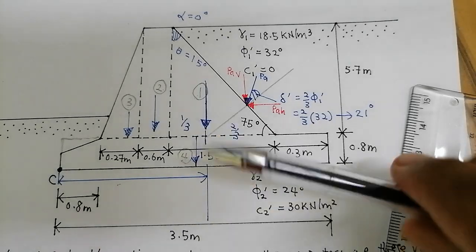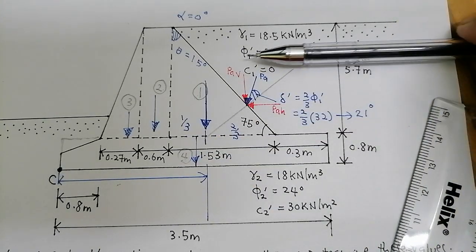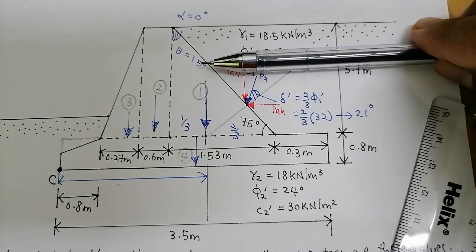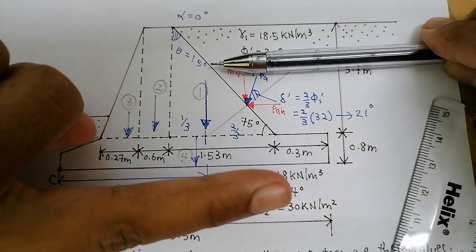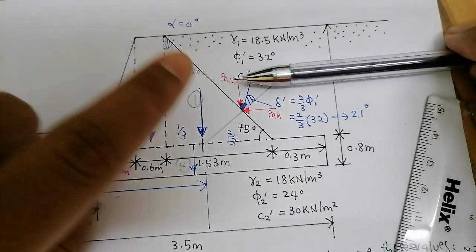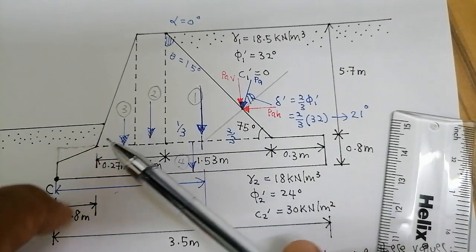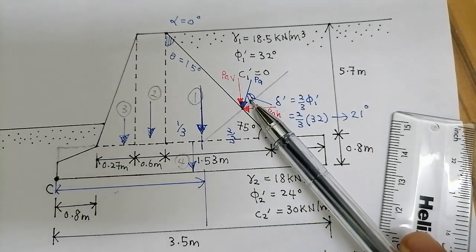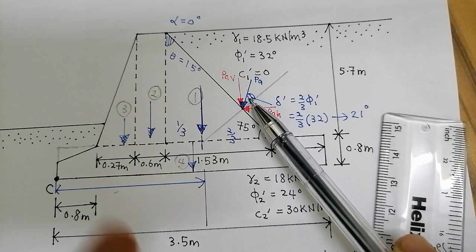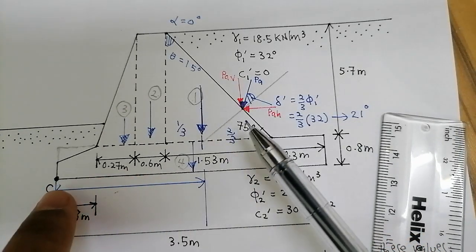I repeat, if the force here is big enough, it will push our retaining wall, and our retaining wall might rotate. So because of these forces, 1, 2, 3, 4, and 5, the retaining wall might not overturn.